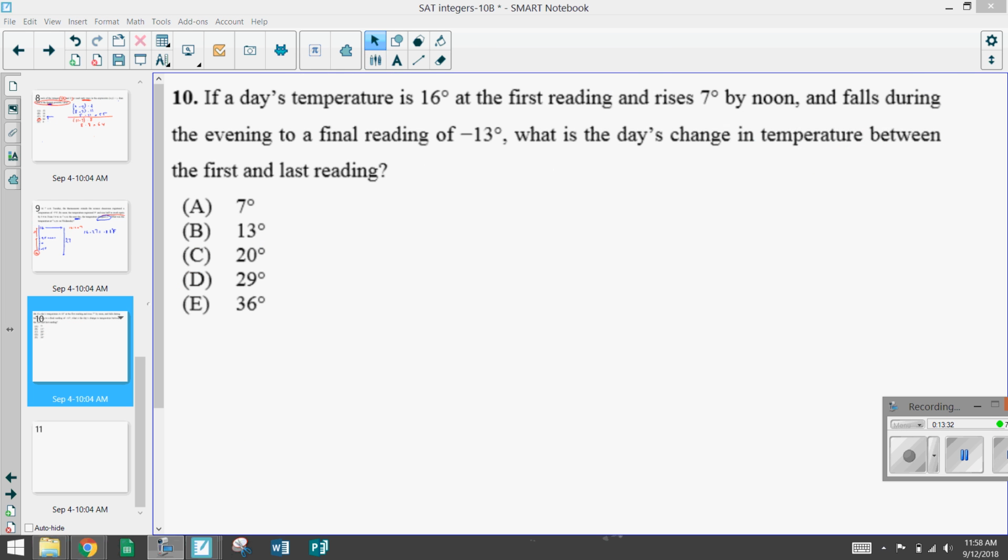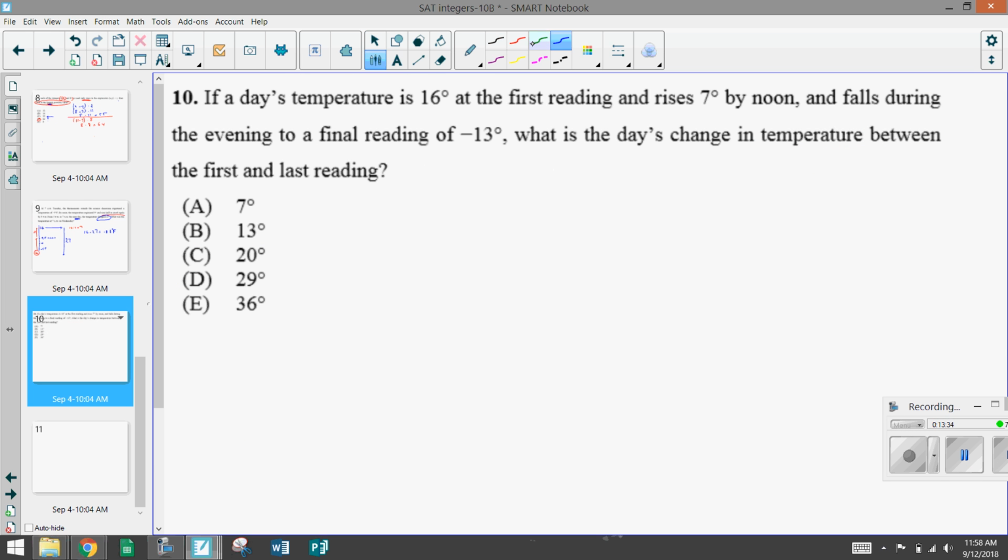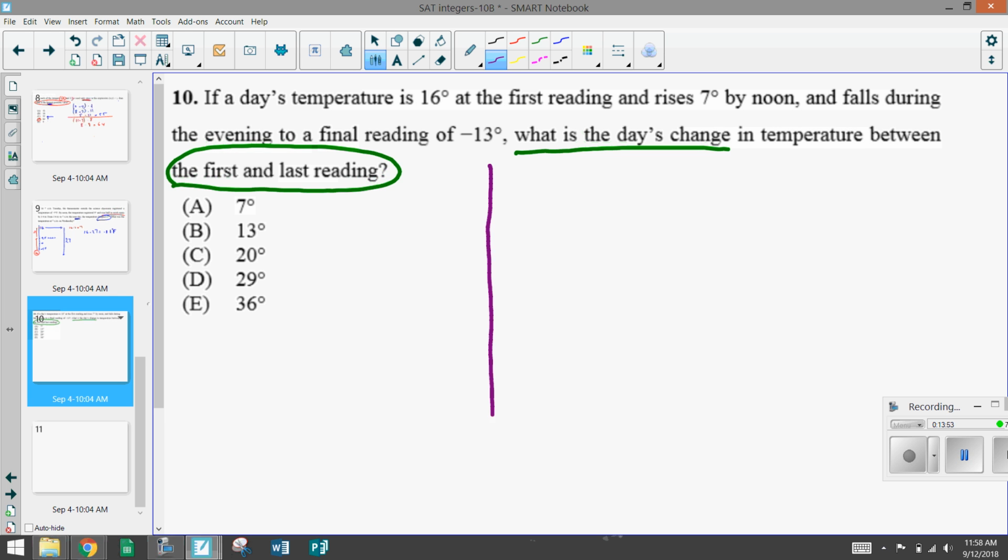What was the first step? What is the day's change in temperature between the first and last reading? What is the day's change? Okay, if a day's temperature is 16 degrees at the first reading, all right, 0 here, 16 here at first.